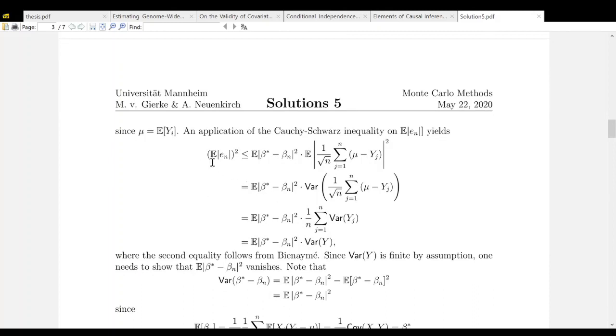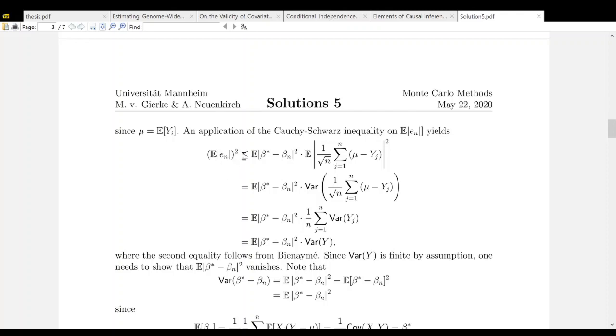Yeah, and the point where I messed things up was here. Well, the inequality I wrote on the whiteboard wasn't wrong, but the reasoning, how I got there, was wrong. So the point is we start with the squared absolute first moment of En.